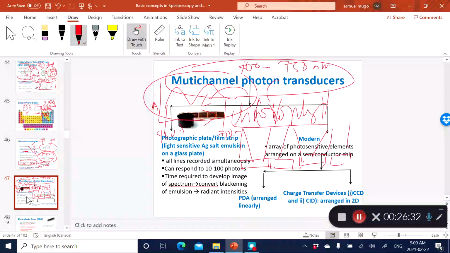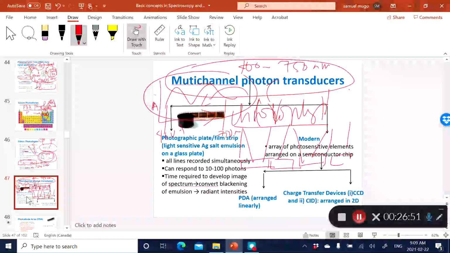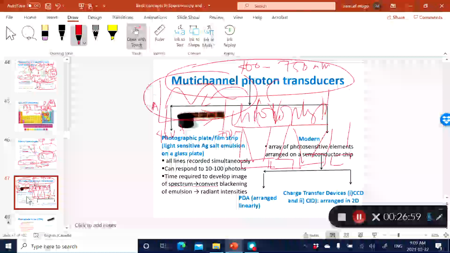And that is the basis of multi-channel photon transducers, meaning it's an array of detectors that afford acquisition of a full spectrum simultaneously, rather than rotating the grating or scanning the instrument and using a single detector.